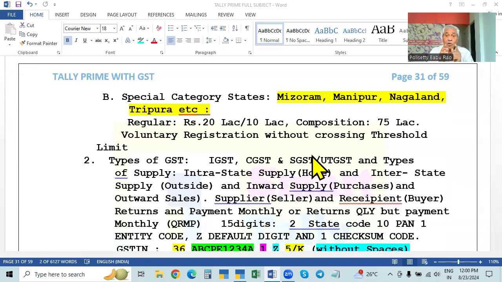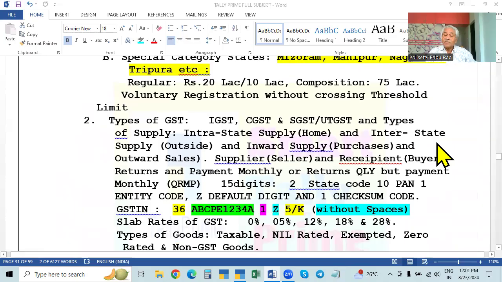Also persons who are supplying goods in other states, not only in our state but interstate, if they supply the goods, then without the limit, they have to get registration compulsorily, even if they are not crossing the limit.